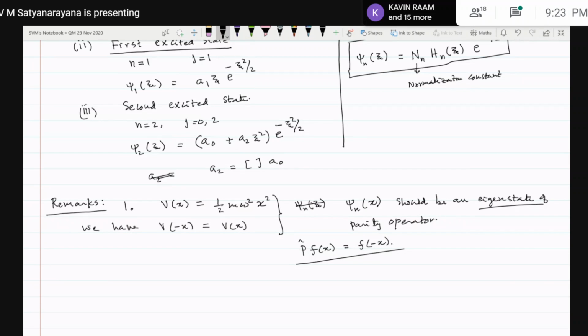So psi n of x is an even or odd function, and this always happens like this. So you can see that all the even index states, psi 0, psi 2, psi 4, are even functions, and psi 1, psi 3, psi 5 are odd functions.